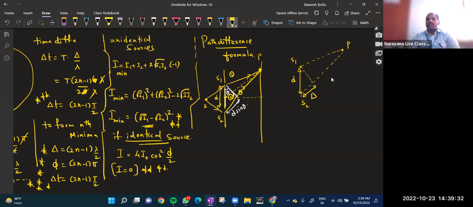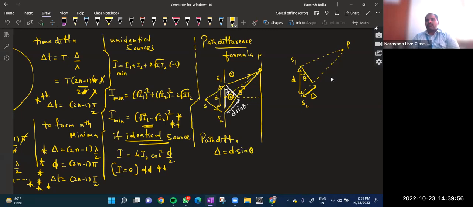This is d, this is theta, so this is d cosine theta, this is d sine theta only, no? So now tell me, what is the path difference between the two light waves? Path difference. Delta equal to how much? d into sine of theta.